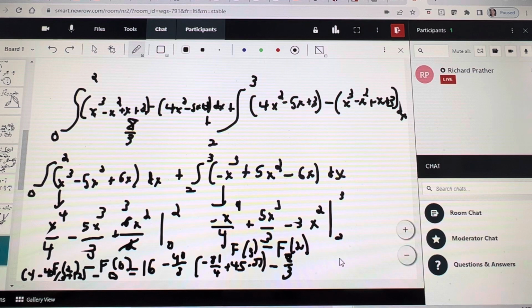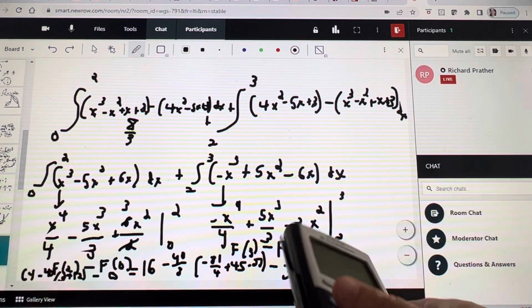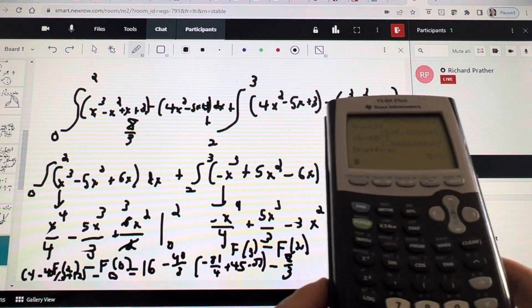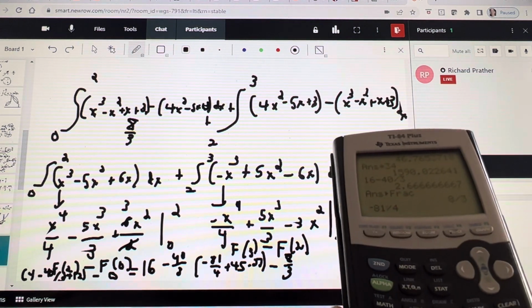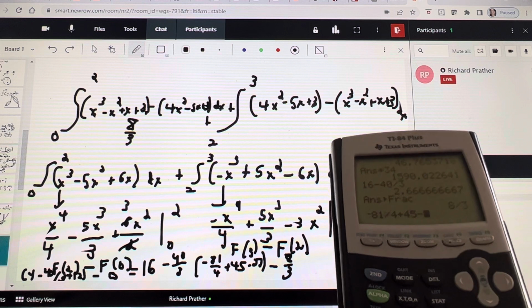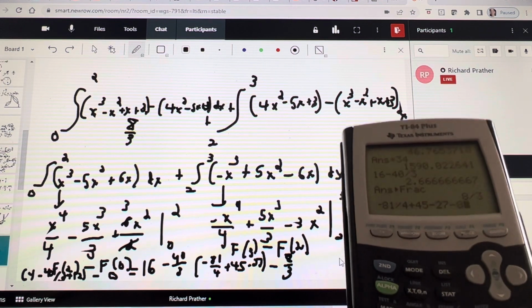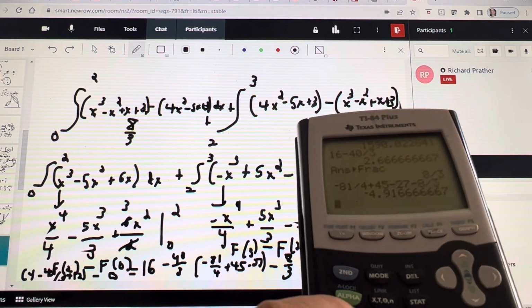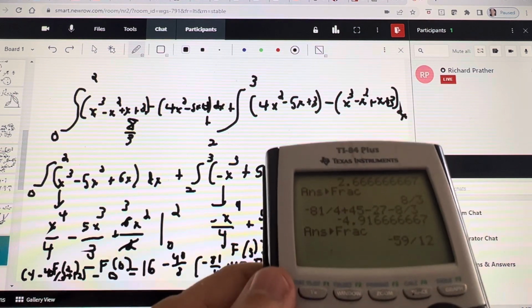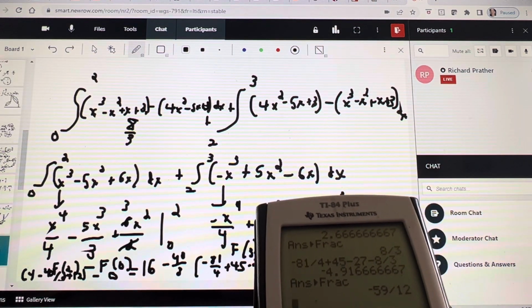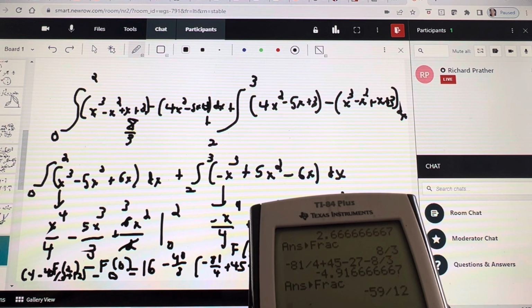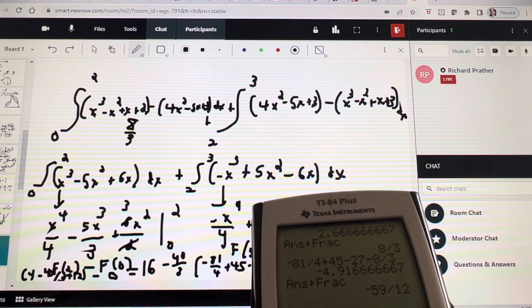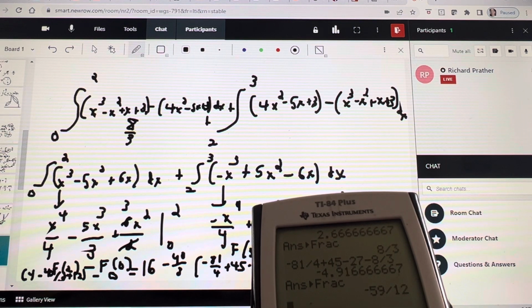So here's a quick way to do this. Negative 81 over 4 plus 45 minus 27 minus 8 over 3. Math, enter, enter. It's negative, shouldn't it come out negative? Negative 59 over 12.